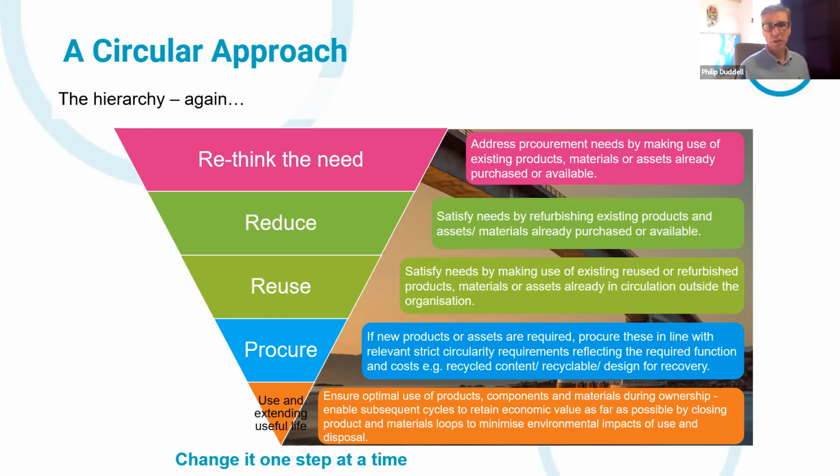Okay, so use the hierarchy, and to do that, we need to make sure that we are talking to the right stakeholders, as I've just said. Ultimately, as we said yesterday, this is about reducing the use of virgin materials. It's about reducing carbon, reducing emissions. It's about reducing waste. It's about saving money.